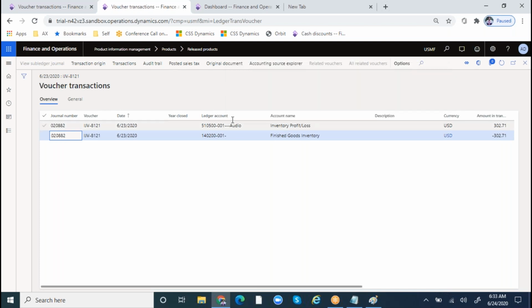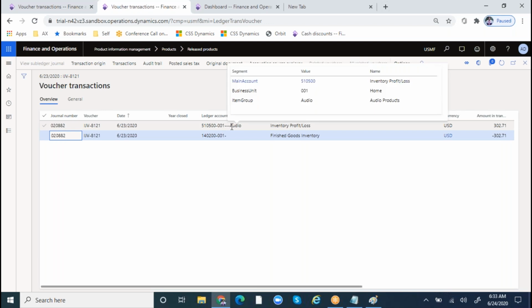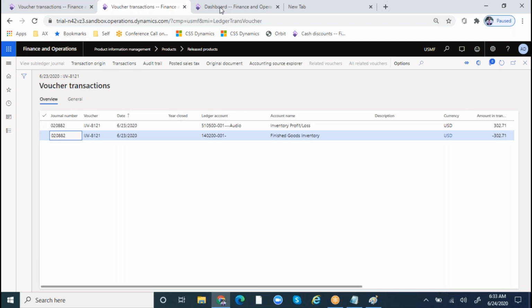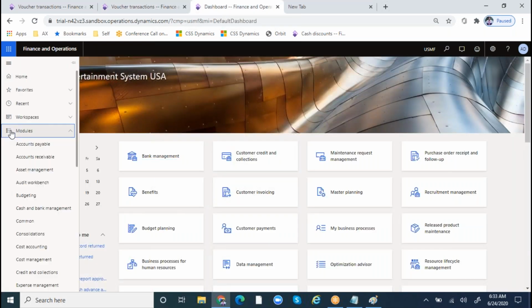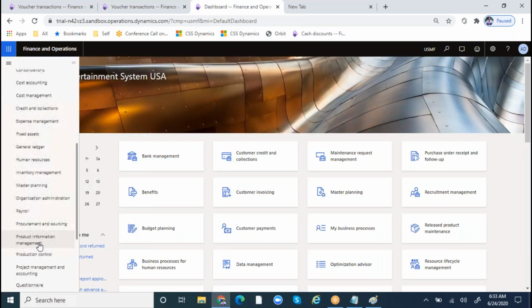Okay. So again, here it's showing the main account? But here I'm confused. What is your question now? Where 510,500 is coming from, I have shown you in the item group, am I right?